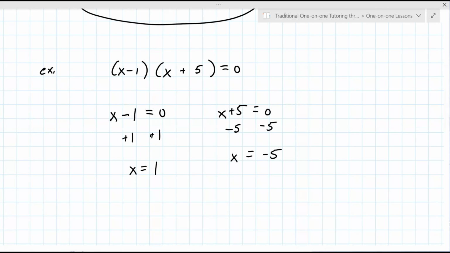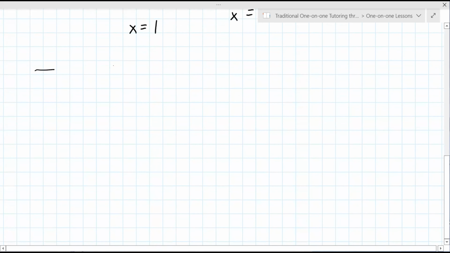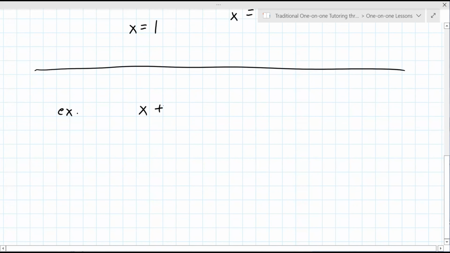Okay. All right, let's try another one here. Let's have you try this one on your own. Let's say it's, I don't know, x plus 4 times x minus 6 equals 0. Go ahead and solve that for me, please.